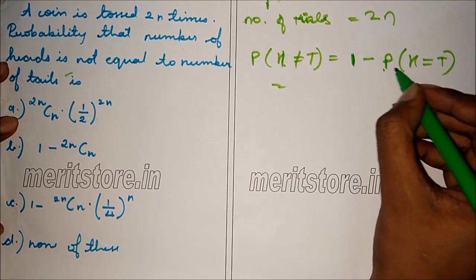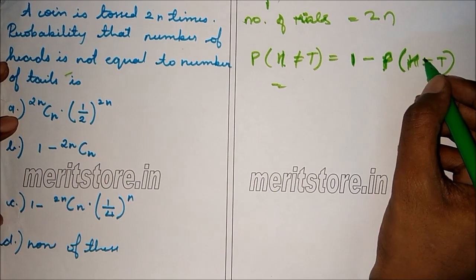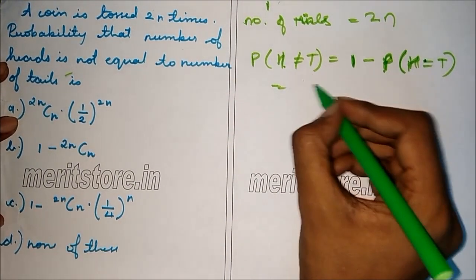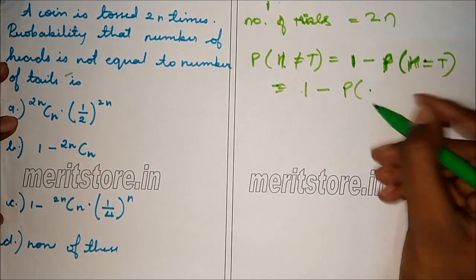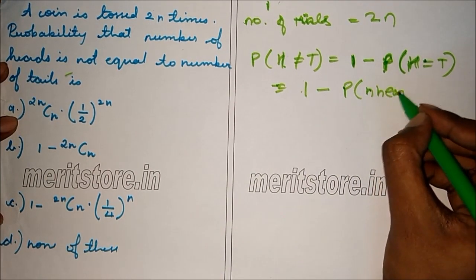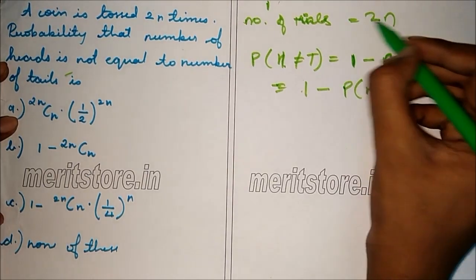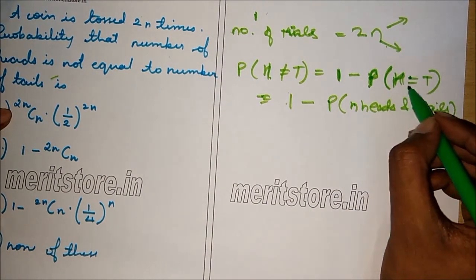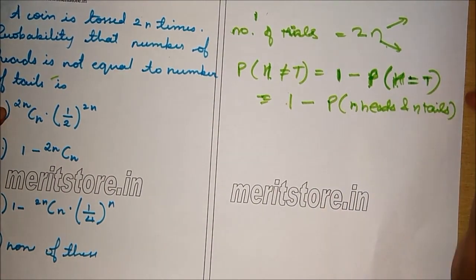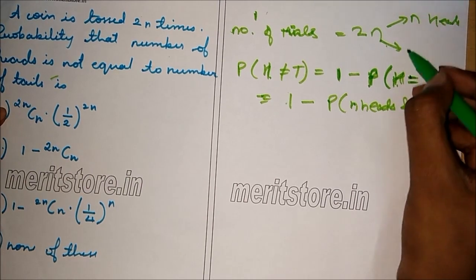We can write this as 1 minus P of n heads and n tails. Since the number of trials is 2n, if the number of heads is equal to the number of tails, they will be divided as n heads and n tails.